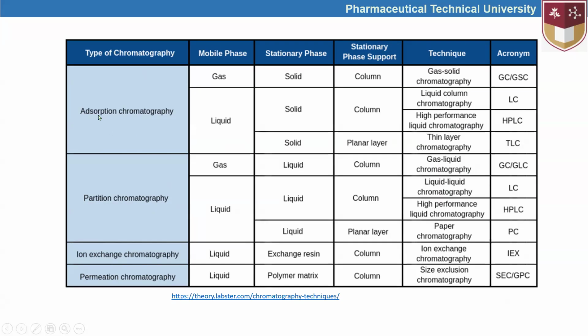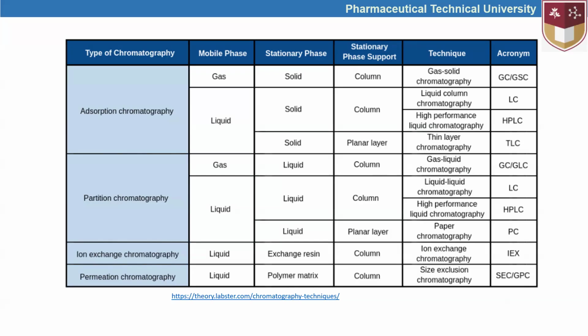Some authors considered these four types of chromatography, and the first one is absorption chromatography. In absorption chromatography, the mobile phase can be gas or liquid, and the stationary phase is solid, like matrices that are always in their solid state. The stationary phase support can be a column or a planar layer, like paper or thin layer chromatography.